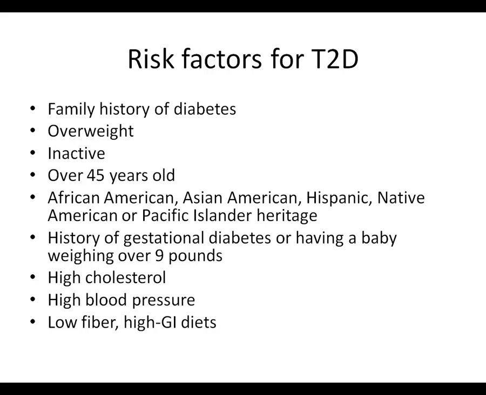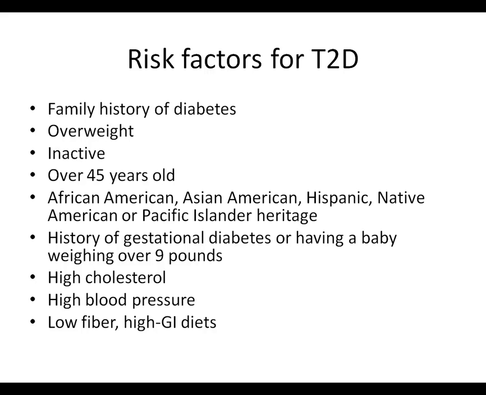So here's the list. Family history of diabetes, that's genetics. If you are overweight and inactive, you are more likely to have type 2 diabetes. It's age-related. There are some ethnic groups in the United States that have higher levels of it, which is also partly genetic and partly lifestyle.